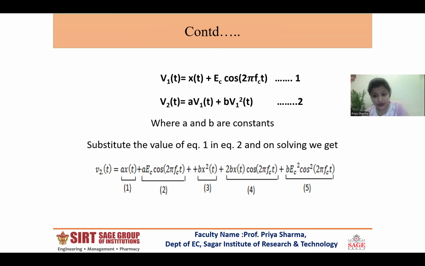This is rejected because it contains a square of the carrier frequency, and the bandpass filter is tuned only to the carrier frequency, not the square of that frequency. That's why this component is also rejected. So we are left only with the second and the fourth. These two terms will be passed, and the first, third, and fifth will be rejected, which are considered noise.